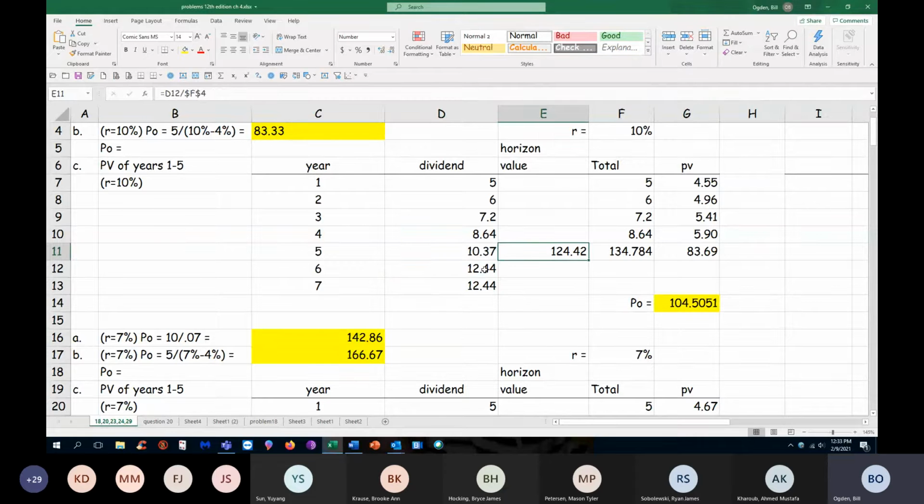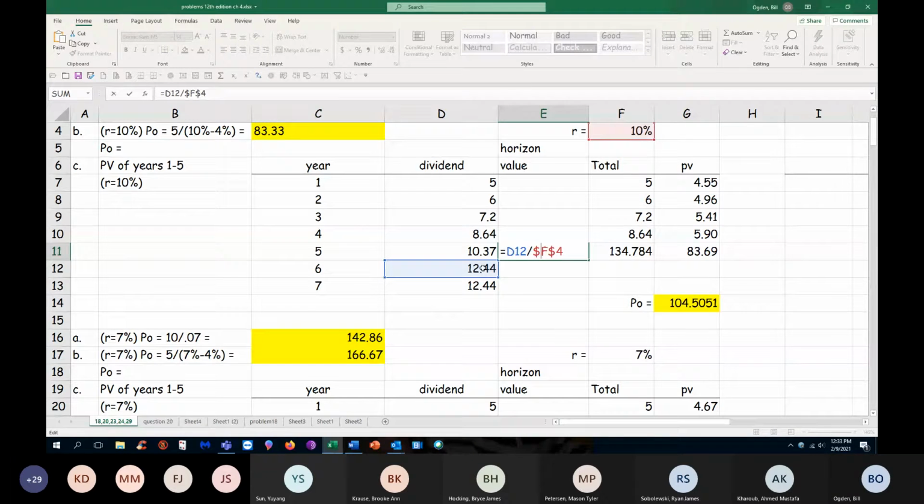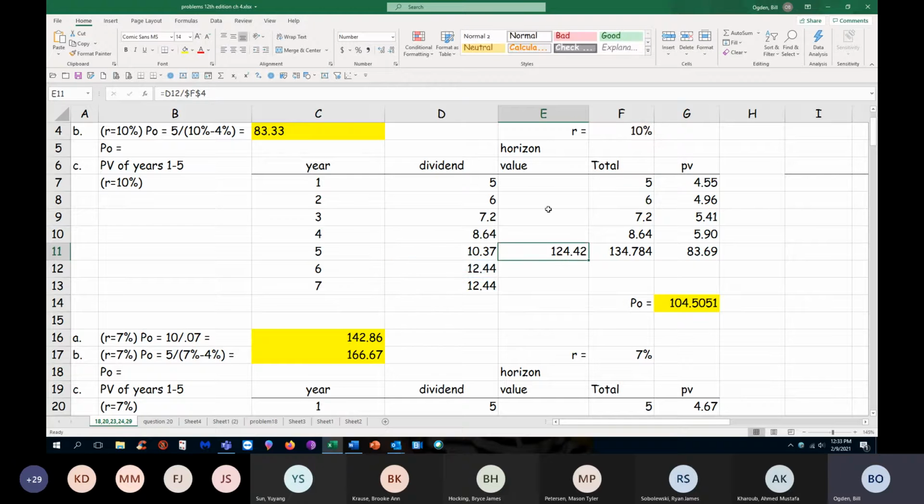So it's equal to the next dividend divided by R minus G. So in this case, it's 12.44 divided by 10%. So it's the next dividend divided by R minus G.